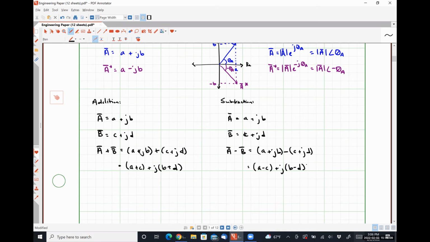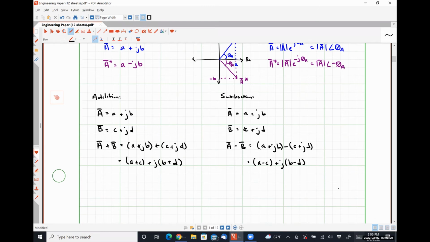There is not an easy way to perform the operations of addition or subtraction using polar form complex numbers, unfortunately. All right. Does anybody have any question on this bit right here? Hopefully fairly straightforward.